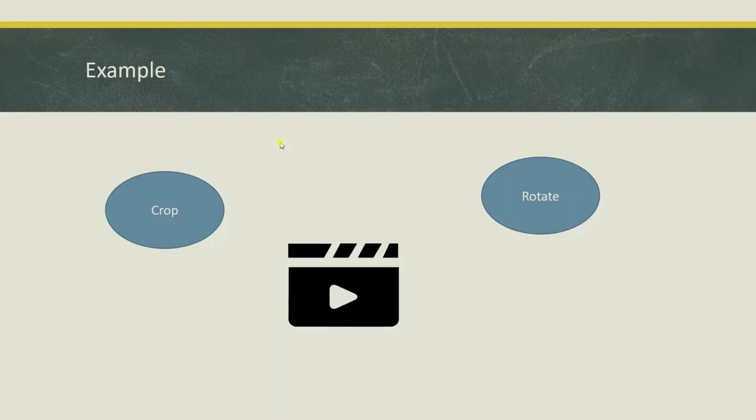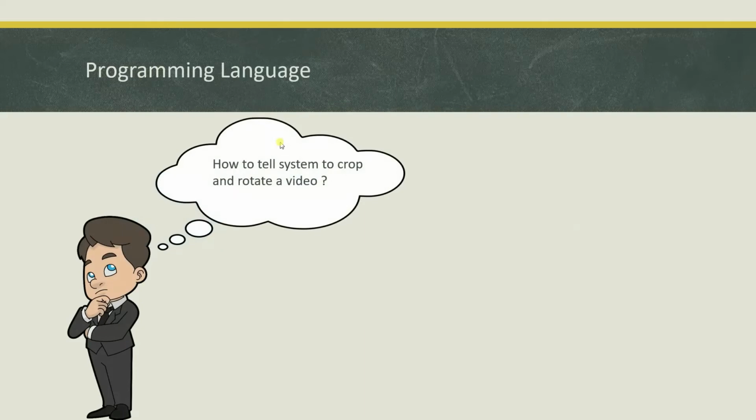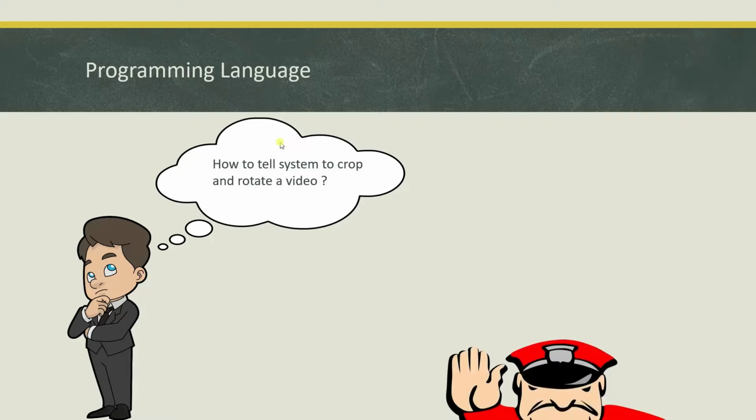And you have a system. The problem is how you will tell the system to crop and rotate a video. So, the answer is a programming language. By a programming language, you will write a program that will contain instructions to crop and rotate a video.